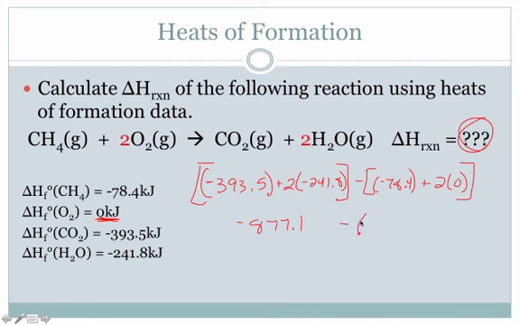And that's going to be subtracted by the negative 78.4 kilojoules, which ends up being the total from the other side. Subtraction of a negative number means we add. And that adds up to a total for our delta H of this reaction as being negative 798.4 kilojoules for every mole of reaction.